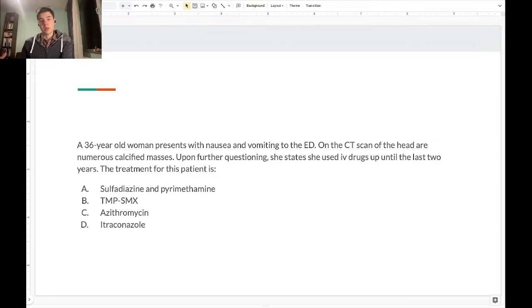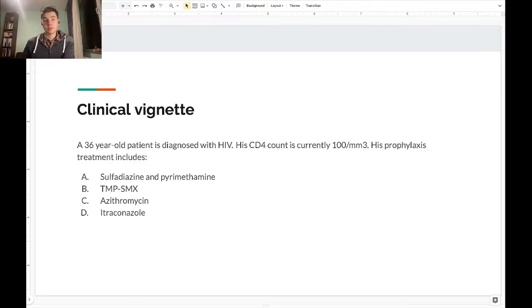Okay, the first question asks about prophylaxis. The prophylaxis for toxoplasmosis is done with trimethoprim sulfamethoxazole.